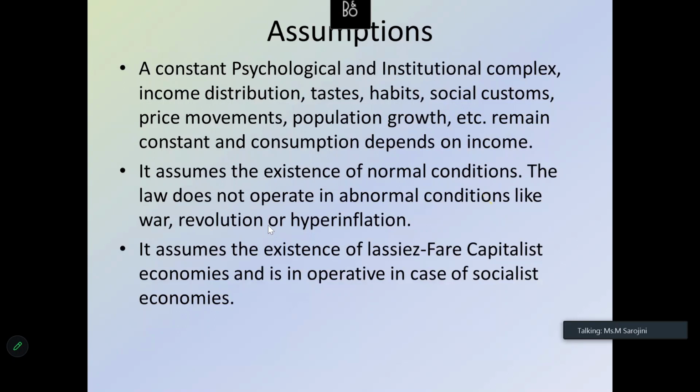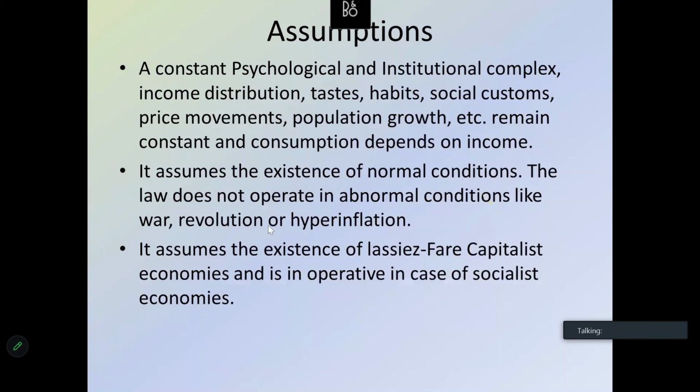To explain this psychological law, there are some assumptions. The first is a constant psychological and institutional complex. Income distribution: there is no deviation in the distribution.